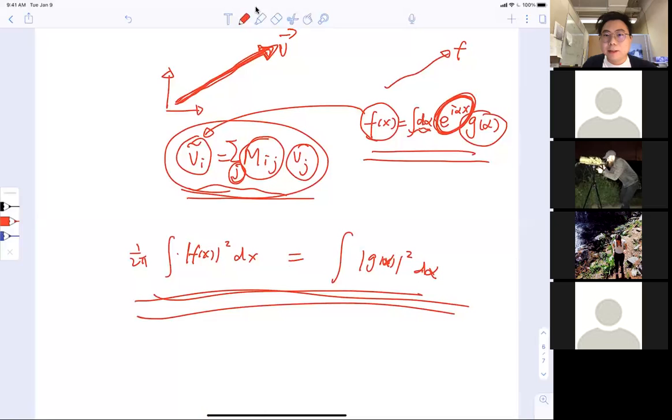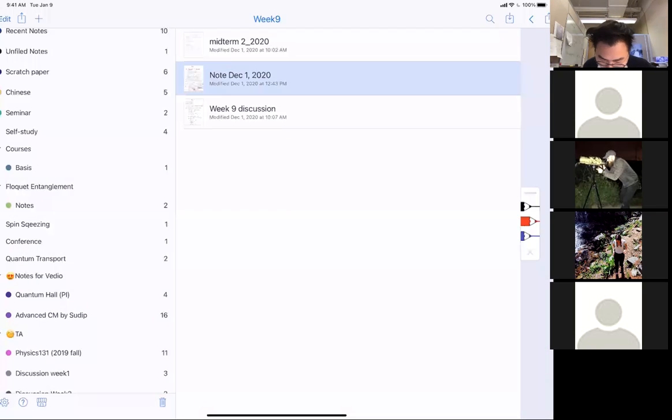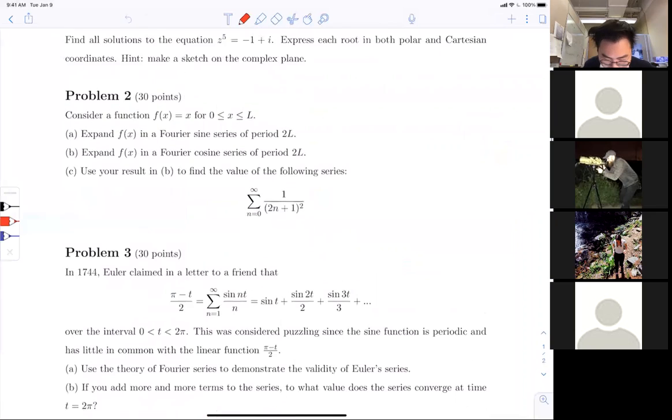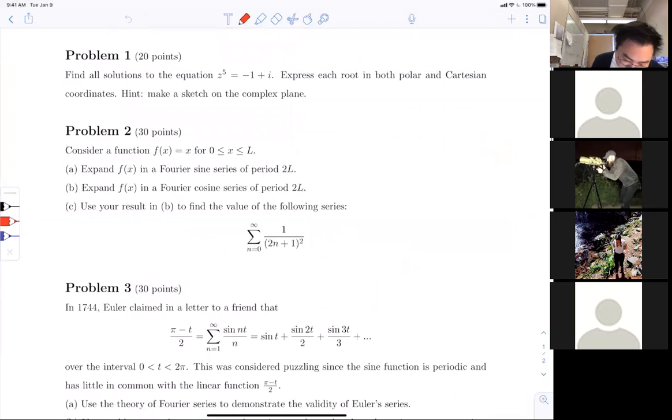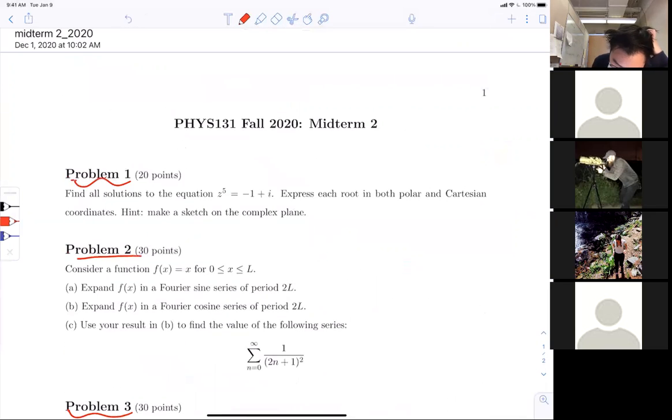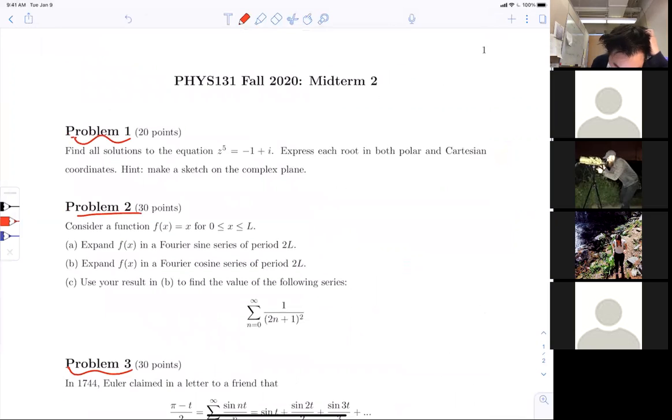Okay, if you have no questions, let's go to the midterm 2 problems. I graded problem 2, and another TA graded problem 1 and problem 3. Let's skip problem 1 first and start with problem 2.